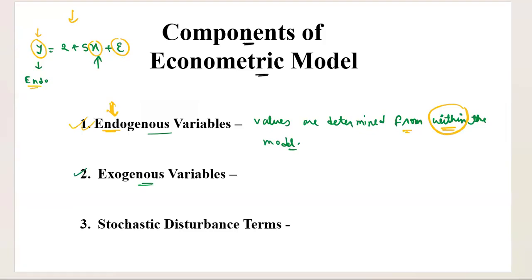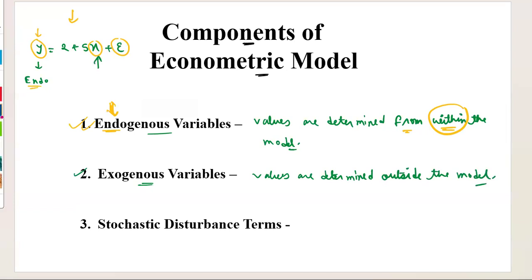They are inside the collected data. So exogenous variables are those whose values are determined from outside the model.